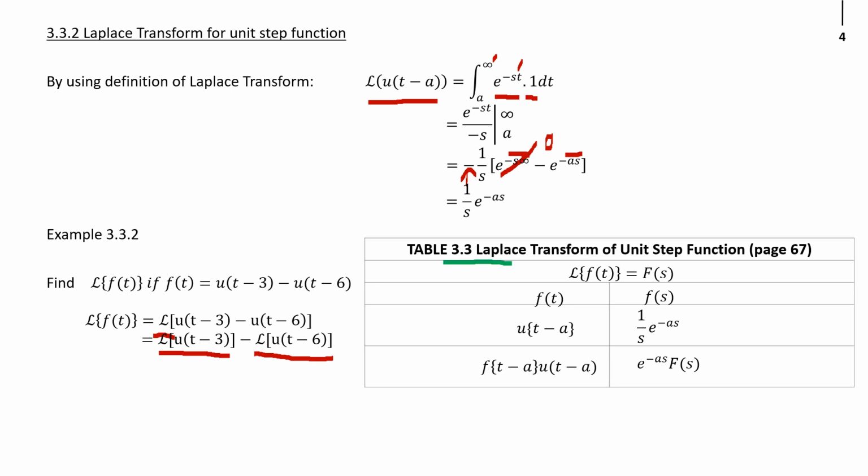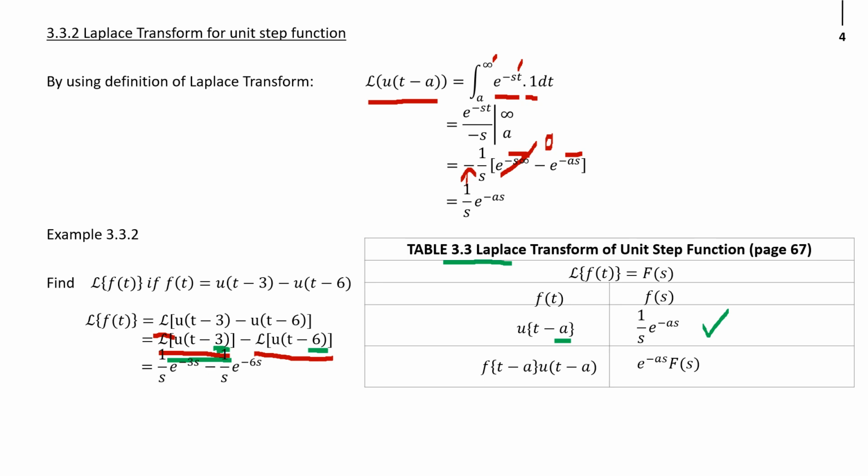Now we can look at this property, I'm sorry, not the third property, but refer to this property. Here the a is 3 and for the second one the a is 6.